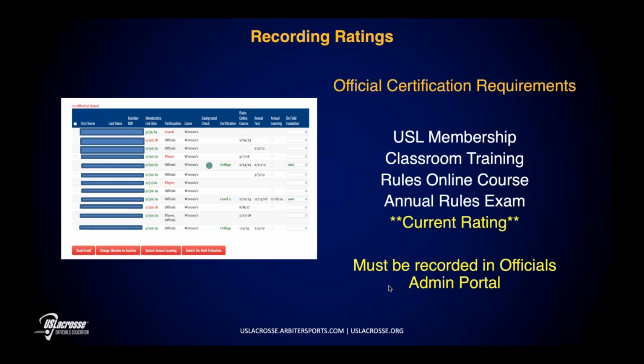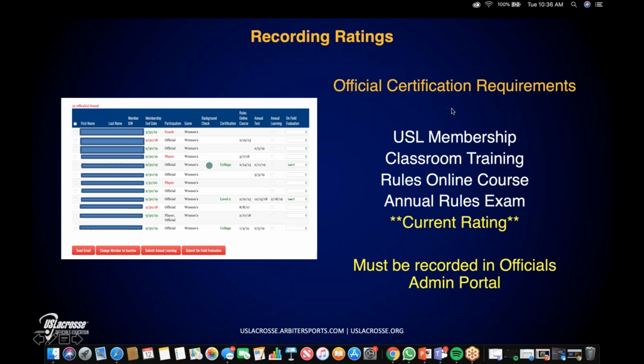The other responsibility you will have as a certified observer is to record officials' ratings following your rating session. The officials, in order to be certified, need to be a U.S. Lacrosse member, have their classroom training fulfilled each year, complete the rules online course, complete the annual rules exams, and hold a current rating.